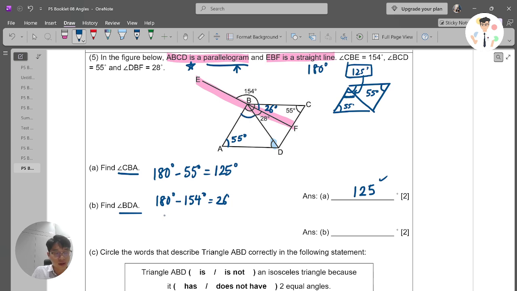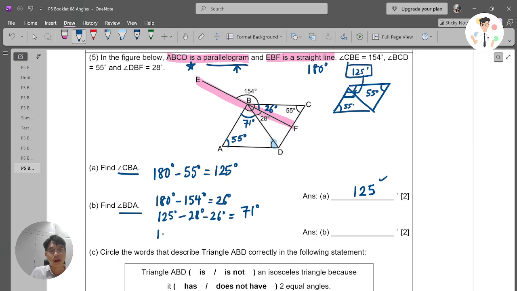So I will use what? 125, which is the whole angle here, minus the 28 that's already given there, and the 26 that I found just now. And you will see it's actually 71. So I know that this is 71 degrees. Okay? Last point. If this is 71, I know the whole total interior angle of a triangle is 180.